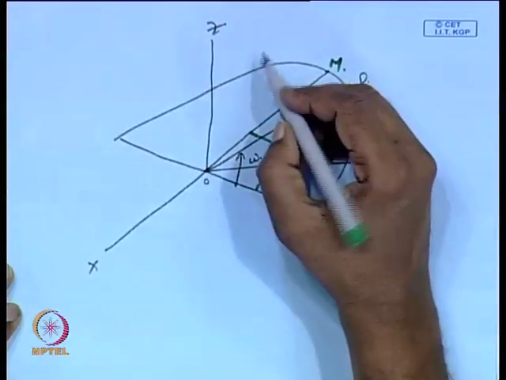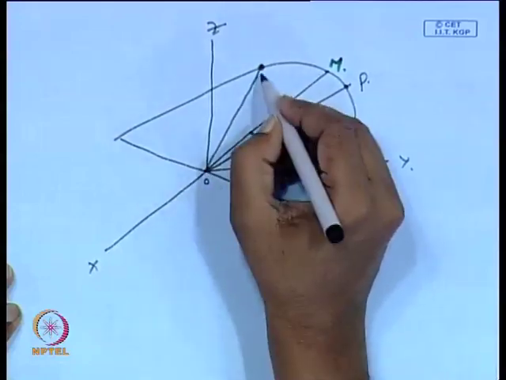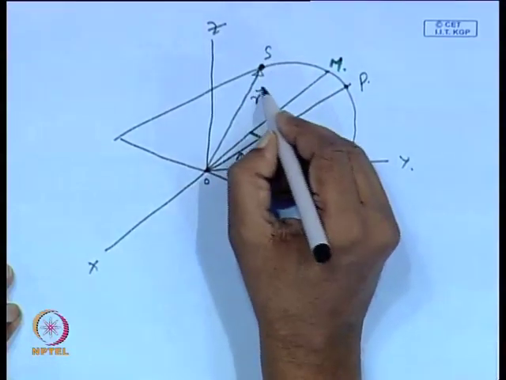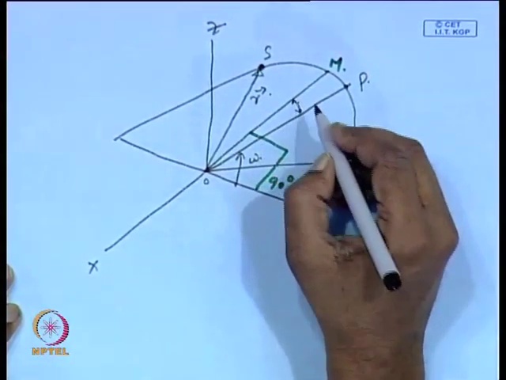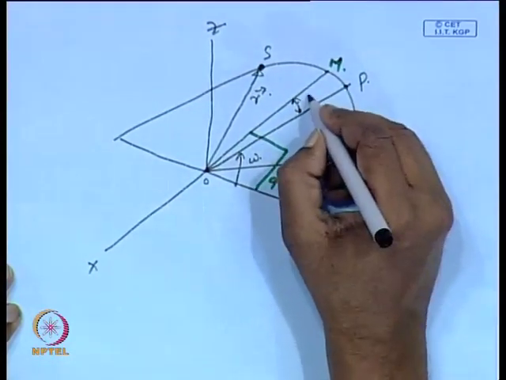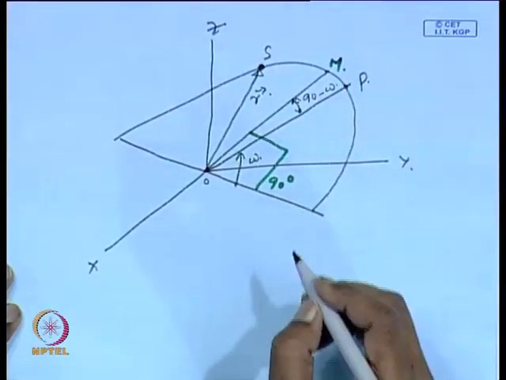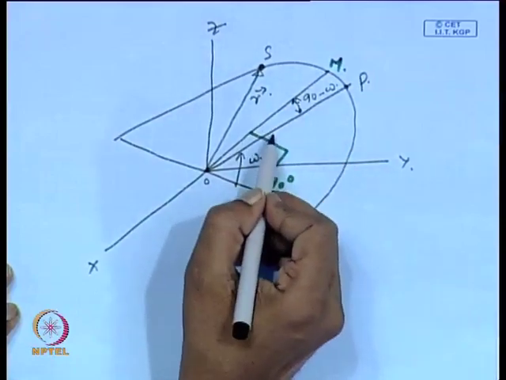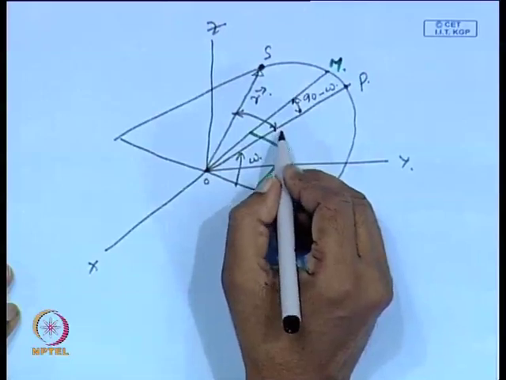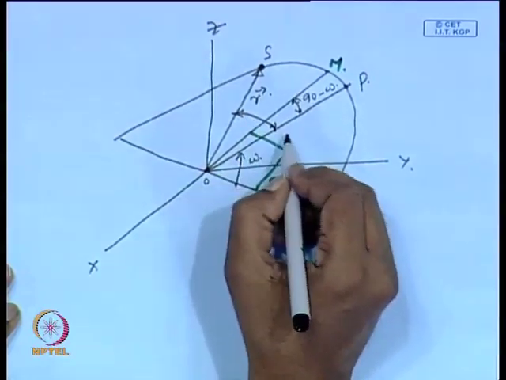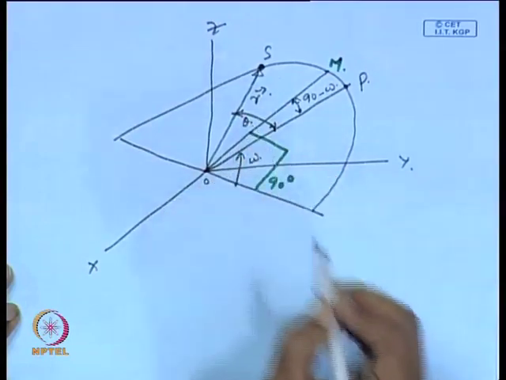The satellite is somewhere in this position. This is the position of satellite S, and this is the R vector. The angle from here to here is 90 minus small omega, and the total angle measured from the perigee is theta.